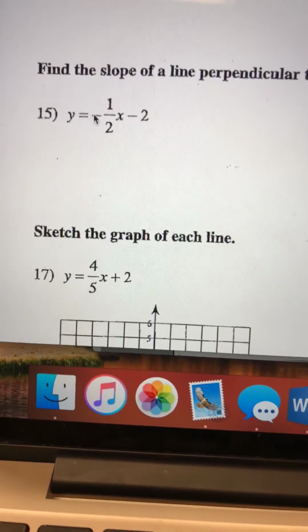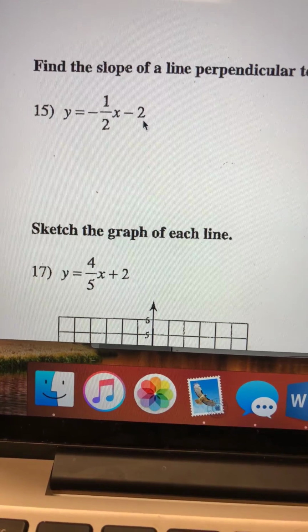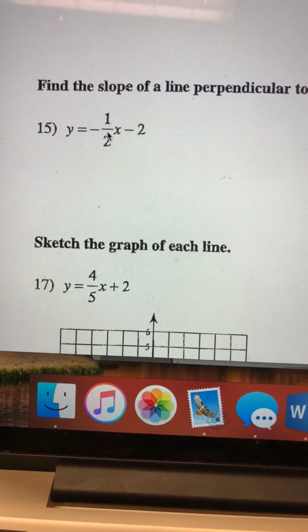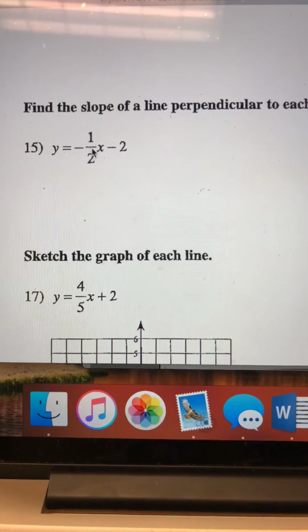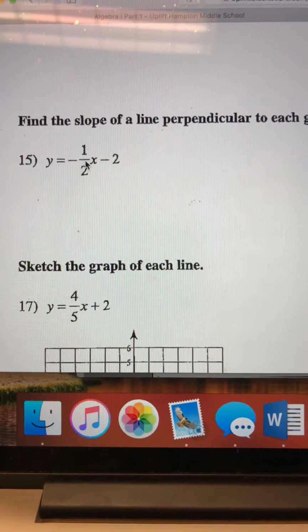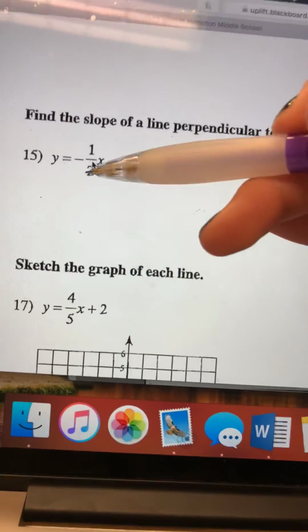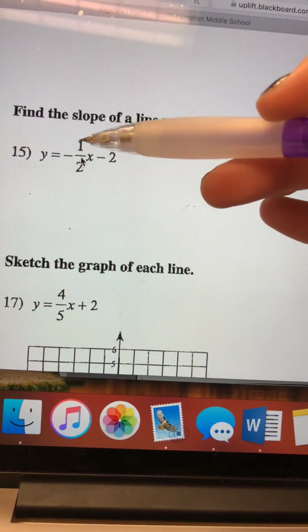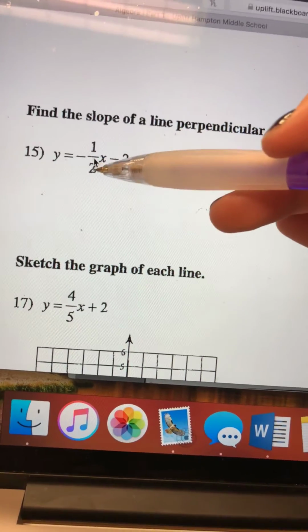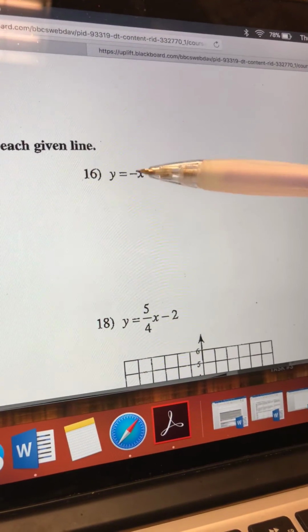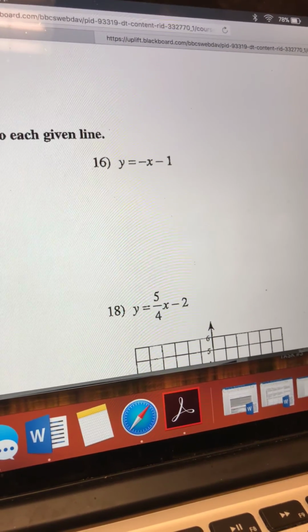So here I have y equals negative 1/2 x minus 2. So anything that would intersect this equation would be perpendicular to it. So in this instance, I would do the reciprocal. So here, instead of saying negative 1/2, I would say negative 2. Here, instead of saying negative 1, I would say positive 1.